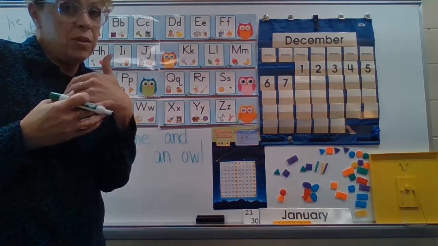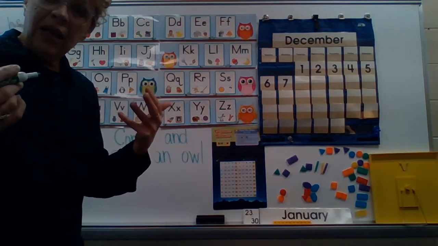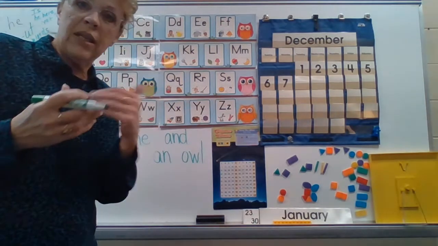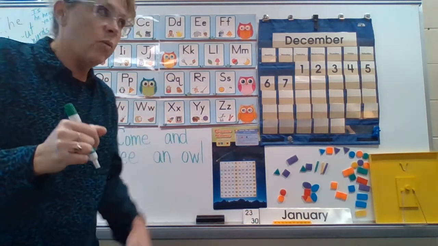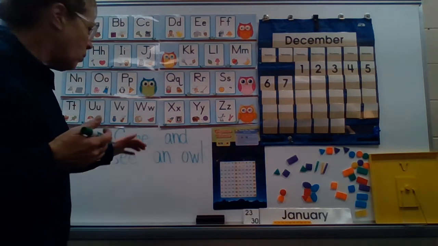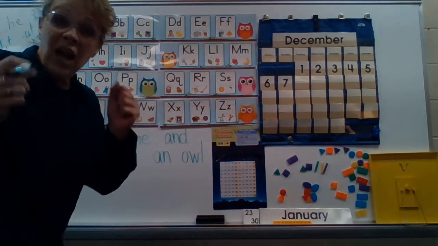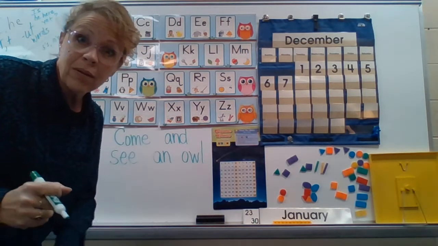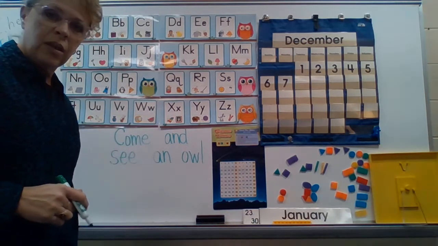I know I would be super excited about it. So you might need this exclamation mark at the end of the sentence so your reader knows that it's something you're really excited about. So it'll change how we read the sentence. It won't just say, come and see an owl. It'll say, come and see an owl! Because you're excited, because your voice changes when you're excited, right?